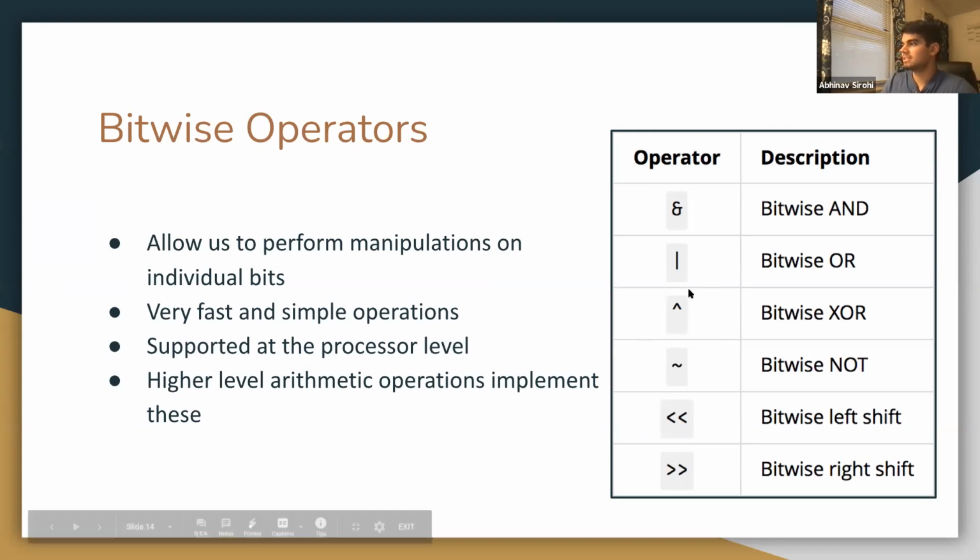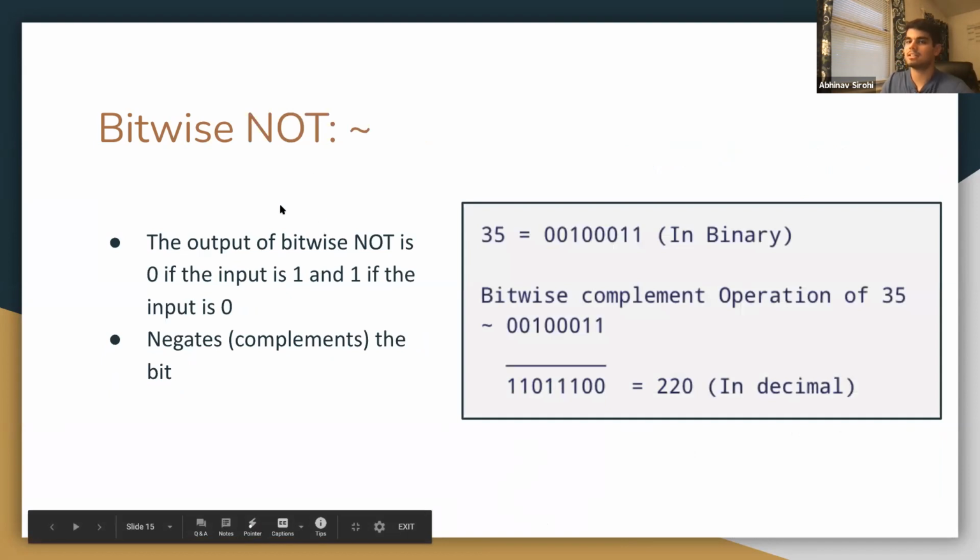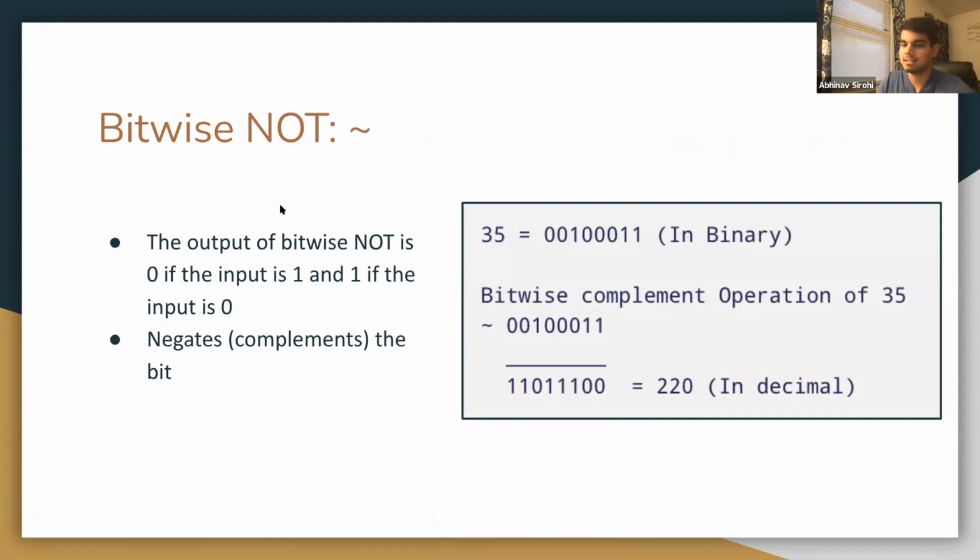And so these are the 6 bitwise operators that we're going to be going over. We have the bitwise AND, bitwise OR, bitwise XOR, bitwise NOT, bitwise left shift, and bitwise right shift. So let's start off with bitwise NOT.